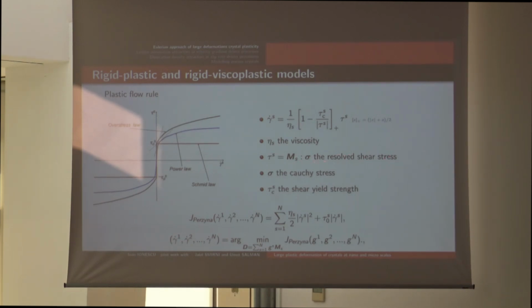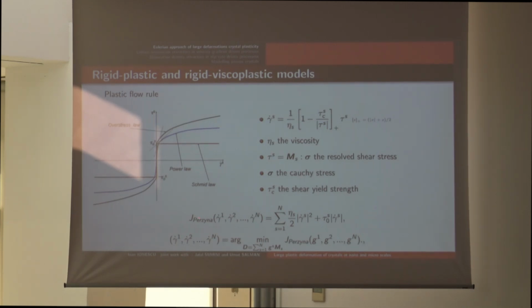The resolved shear stress is the expression of the Cauchy stress on this slip system. Here we have the Schmid law, which is rigid plastic, and two types of regularization: the power law, the Norton law, and the Perzyna or overstress law.